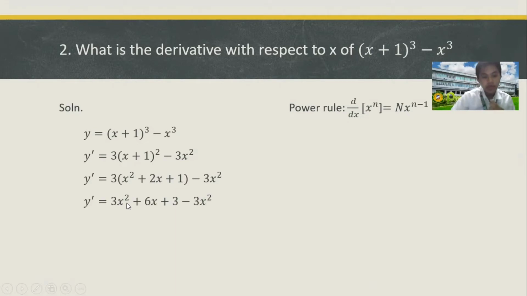So we have 3x squared plus 6x plus 3 minus 3x squared. Cancel the similar terms, the 3x squared minus 3x squared. So we will have the derivative with respect to x, y prime, is equal to 6x plus 3.